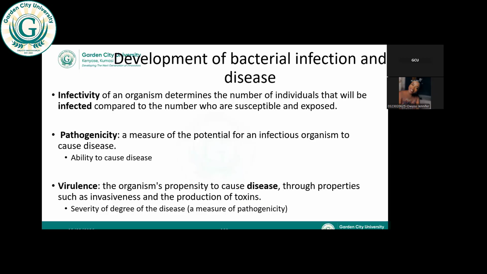But once the disease is established, then this is what we are talking about as pathogenicity. That means Neisseria gonorrhoeae is pathogenic because it has been able to progress from infection to disease. Yes, thank you. And some will develop a very severe form, and the degree of severity, the measure of the severity, is what we refer to as virulence.